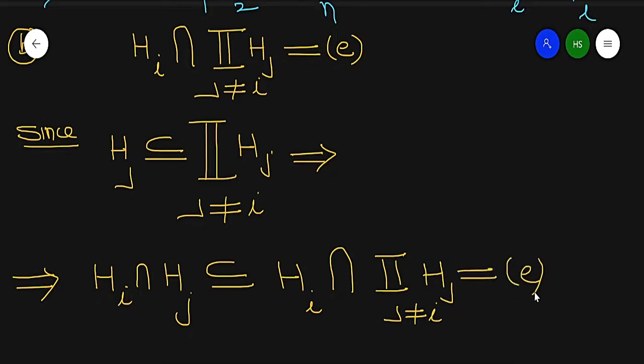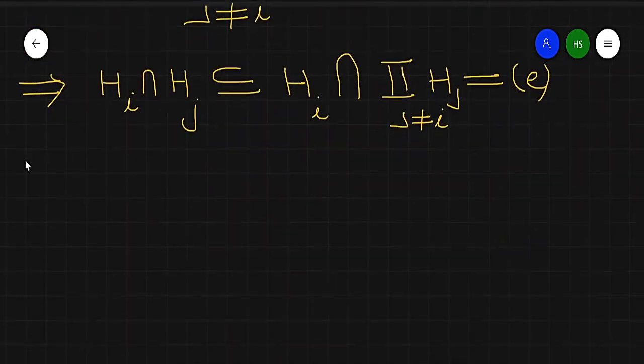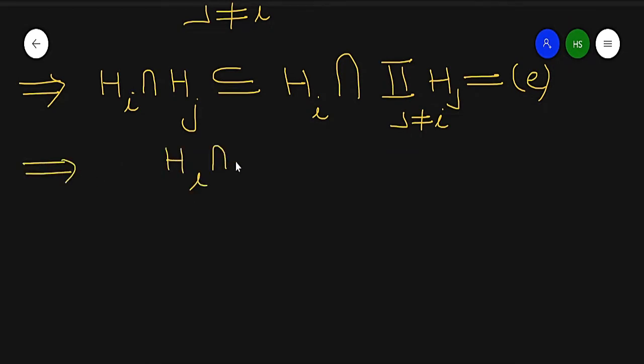So it will be a subset of the identity. If it is a subset of the identity, it becomes: Hi intersection Hj consists only of the identity element for every j not equal to i. Right? So we get this kind of result.